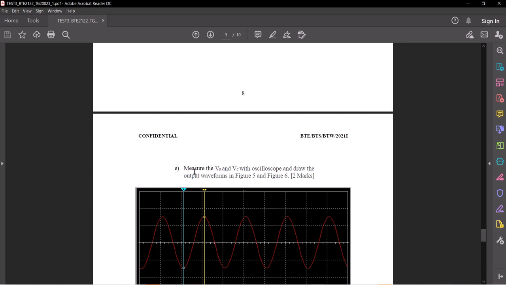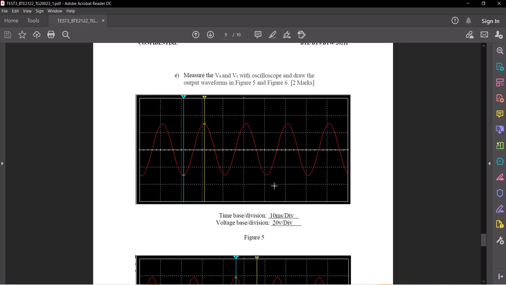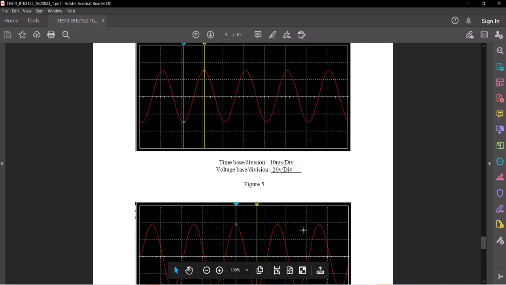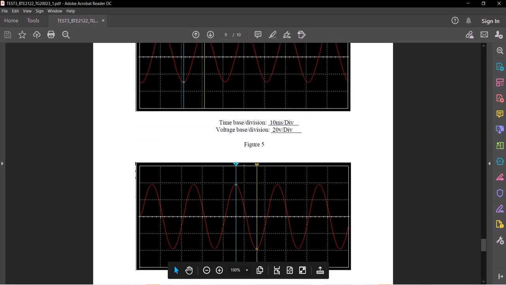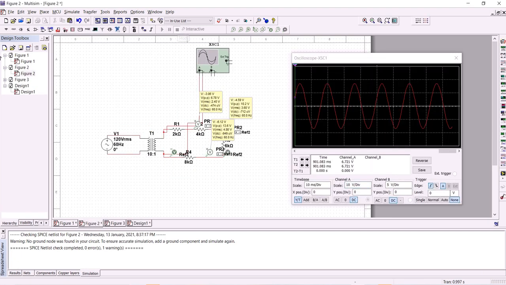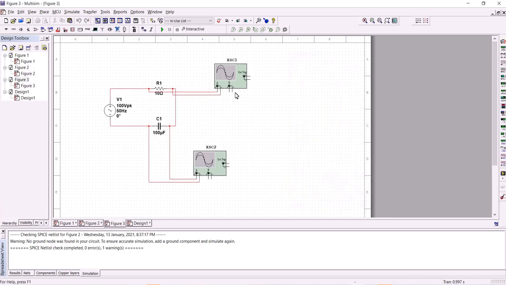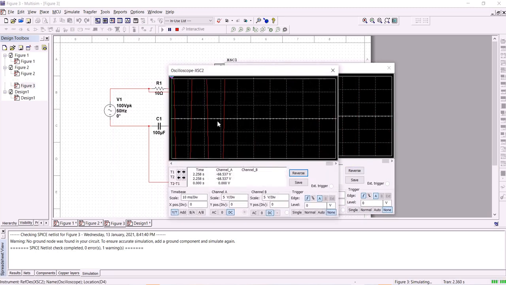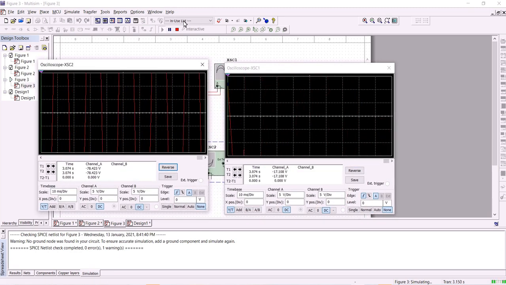Okay, now measure the voltage R and voltage C with oscilloscope and draw the output waveform in figure 5 and figure 6. So this is the waveform for VR, and this is the waveform for VC. We use figure 3, and we run. Okay, we pause.